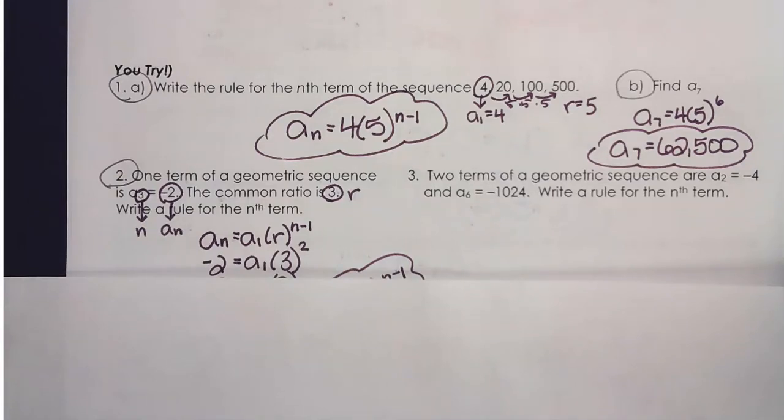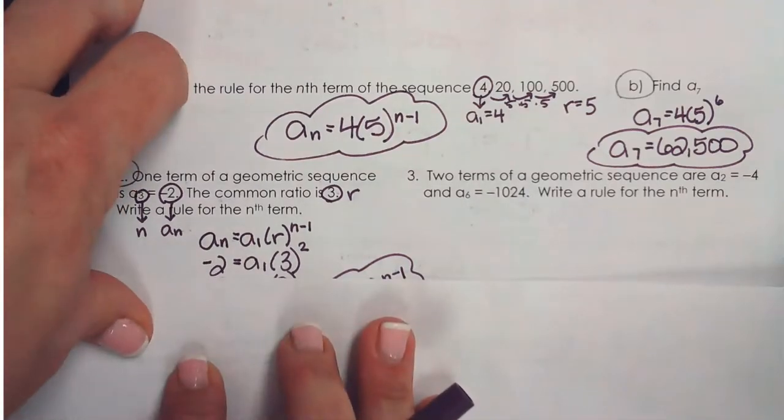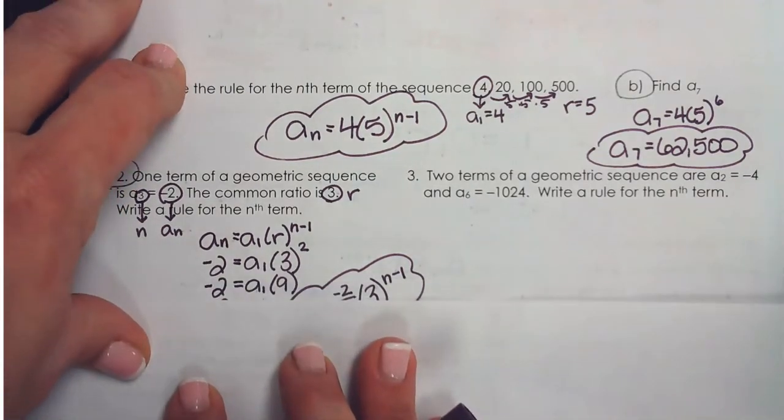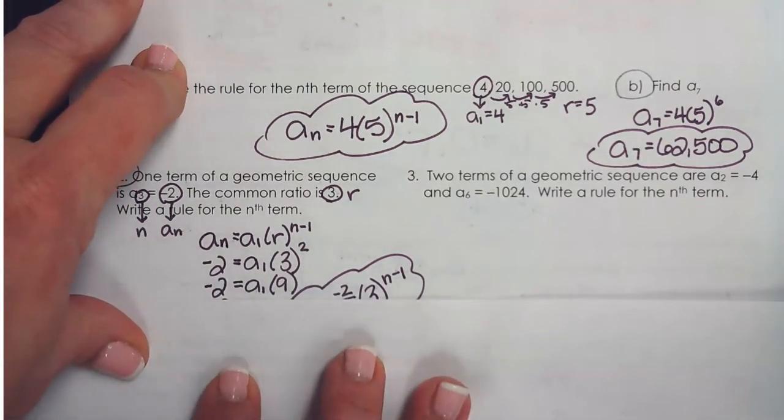No, okay? So this is not a rule, this is your setup, and because of this setup, you're able to find your A sub 1, all right? So to find the A sub 1, we're gonna do 3 squared, which many of us now know is 9, okay? So I have that -2 equals A sub 1 times 9.